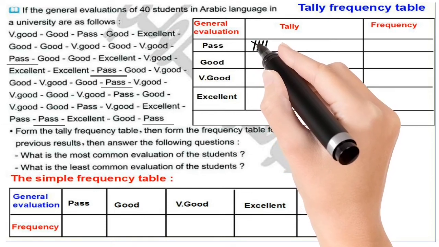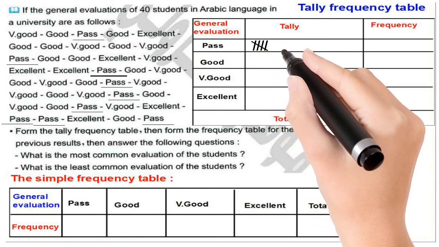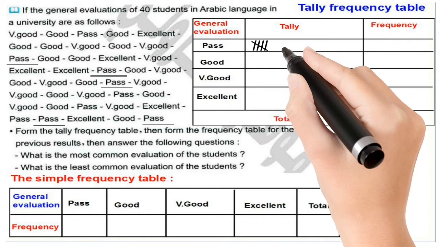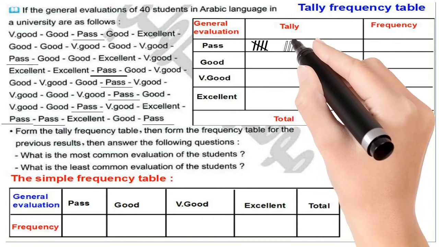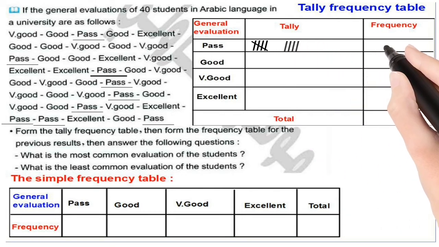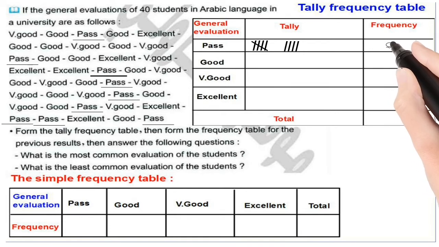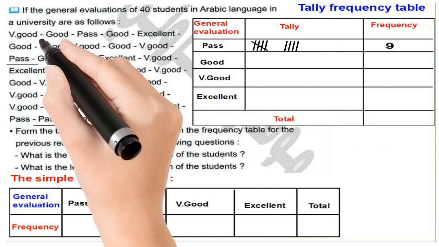We have 1, 2, 3, 4 sticks. Then I will draw the fifth stick like this. Now we have 5. Then I will draw another 4 sticks. 1, 2, 3, 4. Then I will write my frequency 9.